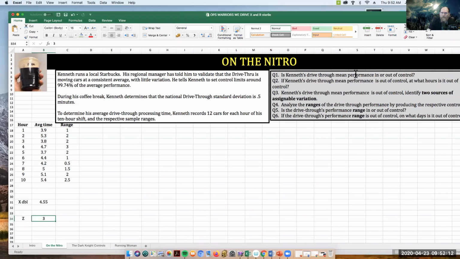The overall thing we're trying to figure out is Kenneth's drive-through. Is his mean performance in or out of control? And if it is out of control, what days was it out of control on? So we have a number of steps here. We obviously want to get a control chart so that we can analyze it. So what's one of the next things we should do to get that control chart up and running?